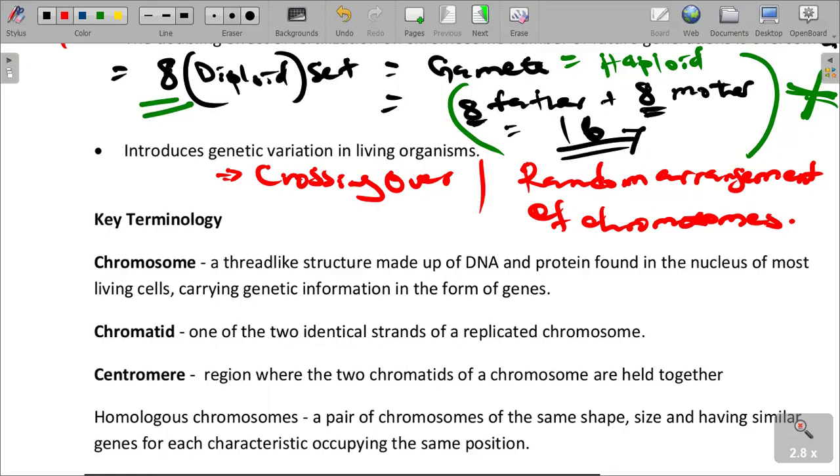So when organisms have different characteristics, different strengths, different appearances, we say it is because of the variation of genes in them. That promotes survival of organisms.